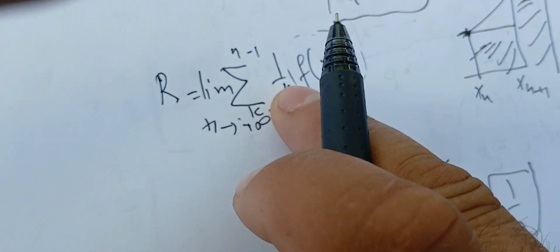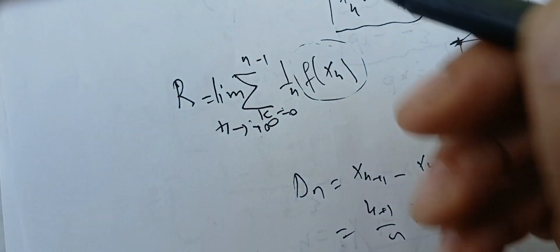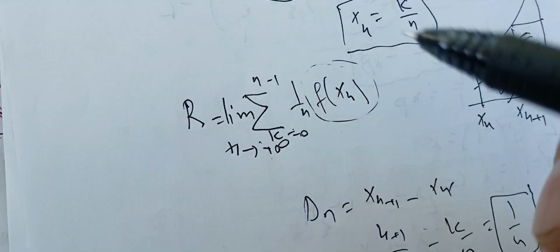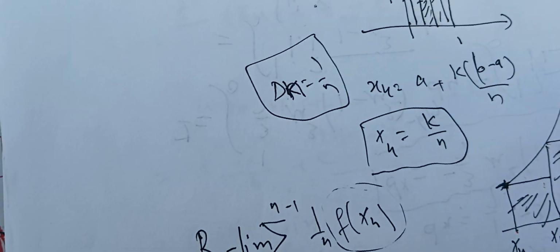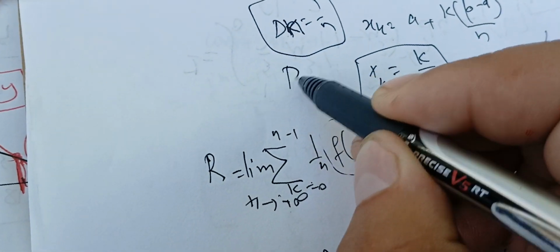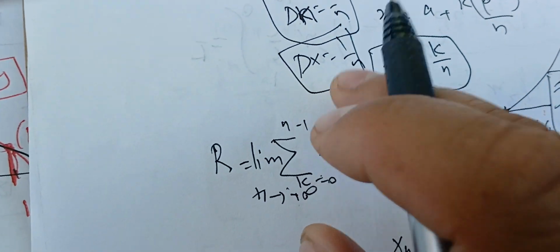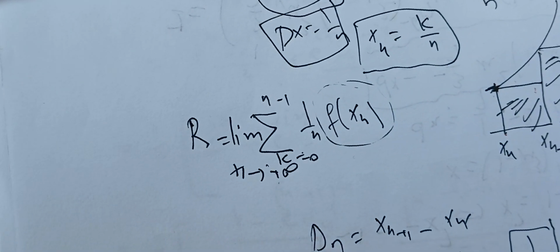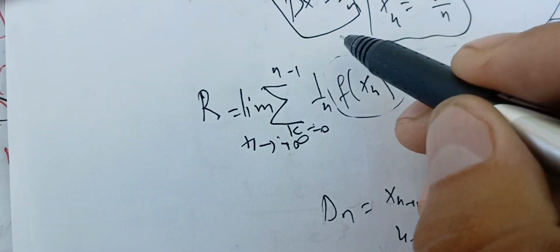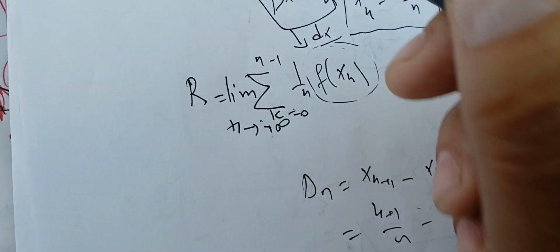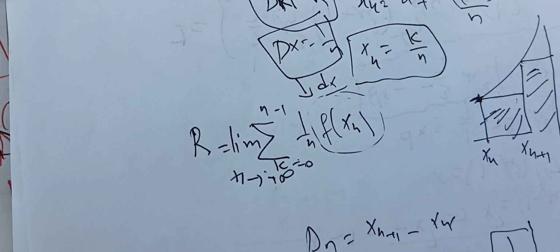Sometimes it's good to call it delta x. It's 1 over n. This is my favorite: delta x is 1 over n, because that's what we get when we switch to the integral: we get dx. So let's call it delta x.